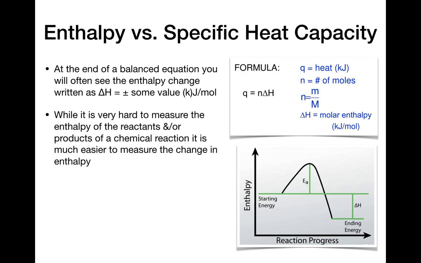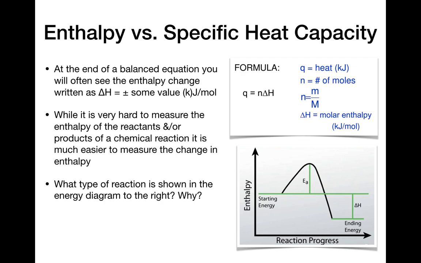So as I said earlier, it's really hard to measure enthalpy directly of the reactants and our products from an experimental apparatus, but it's a lot easier to tell the change in enthalpy. Remember, enthalpy is the heat energy from the reaction. So we look at this diagram here, this enthalpy graph.